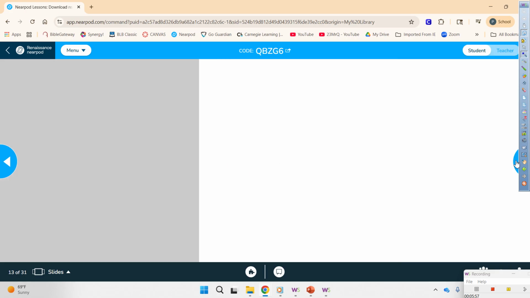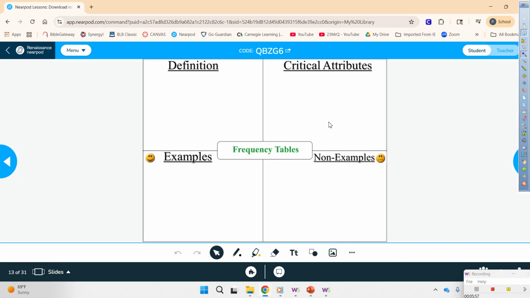Tell your neighbor one attribute of frequency tables. What is one critical attribute? What must a frequency table have? Type it on the screen. What do frequency tables need to have?